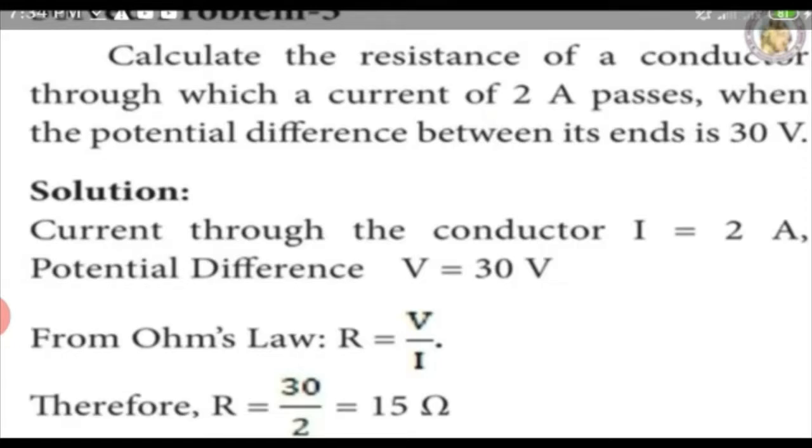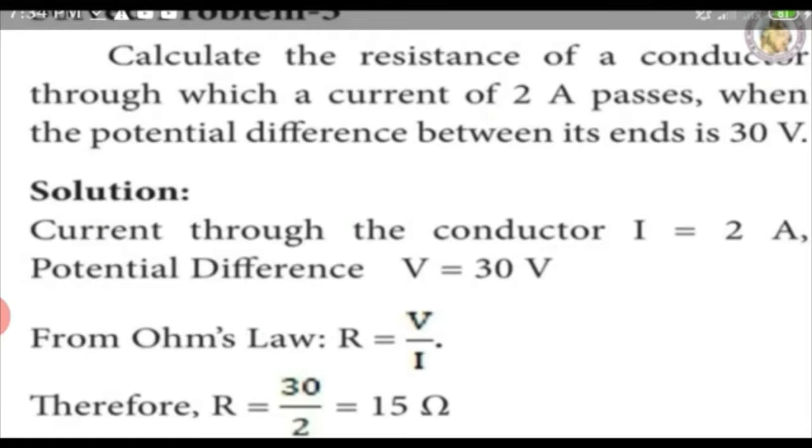It is resistance. So you can write the given data. Current I is equal to 2 ampere is given. Potential difference is 30 volt is given.